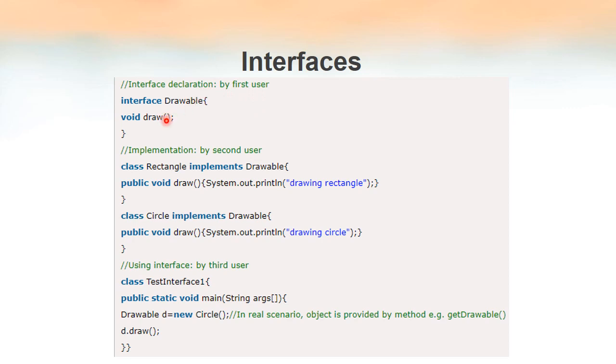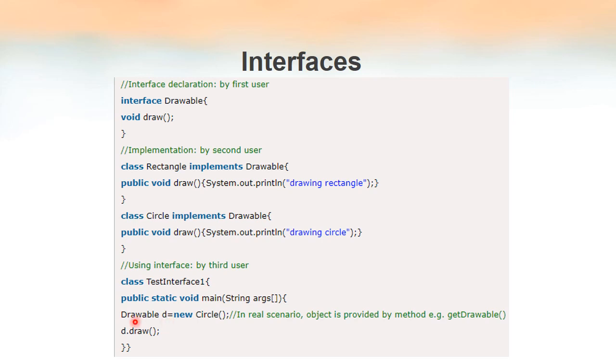Now the third user. The interface is defined by one user, another user made use of those interfaces, and now this program is going to be used by another user. So he created one class, and he created the object of, what we can say, the interface: Drawable d = new Circle.